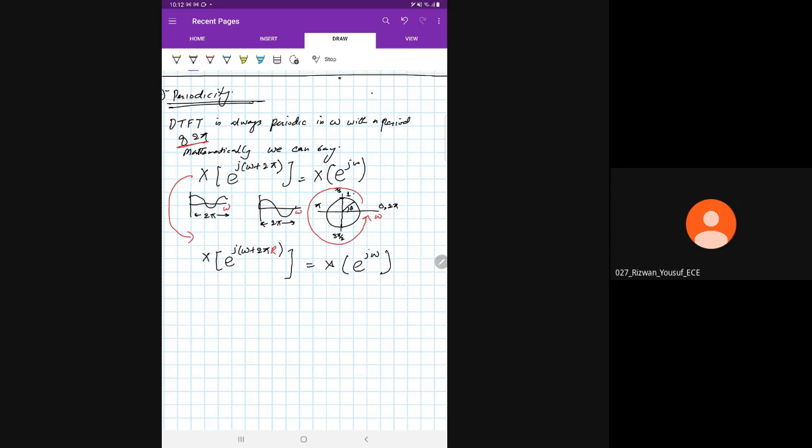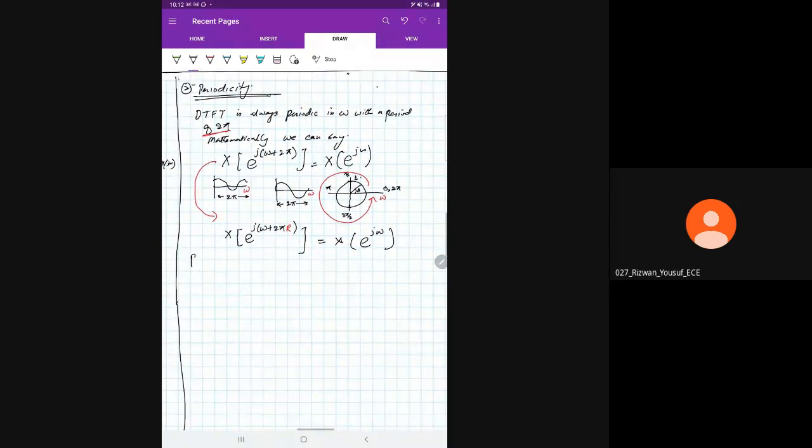Now, if we try to analyze how it is true, then we can write down its proof. We know that the discrete time Fourier transform of any signal x of n, which is a discrete time signal, is equal to X of e raised power j omega.